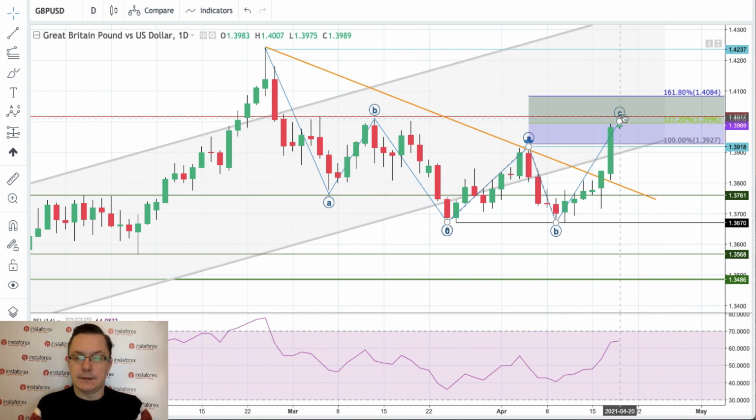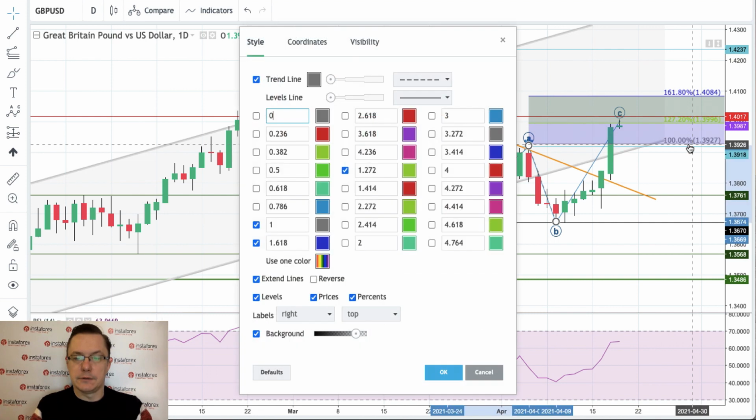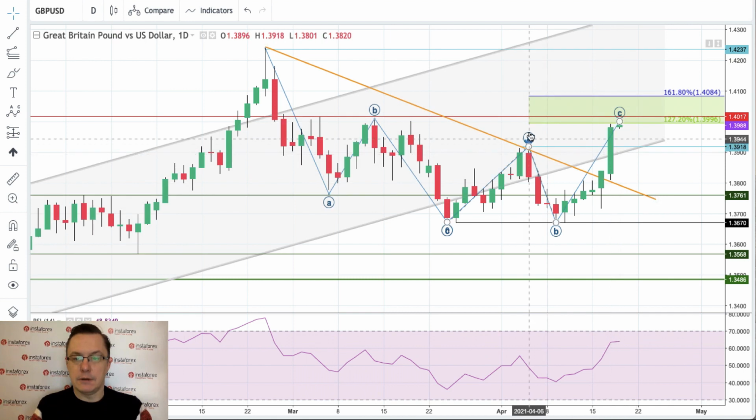And if there is some sort of a reversal below 1.4017, then we might say more surely that this is a 3-wave up move, wave A, wave B, wave C, which is still corrective in nature.